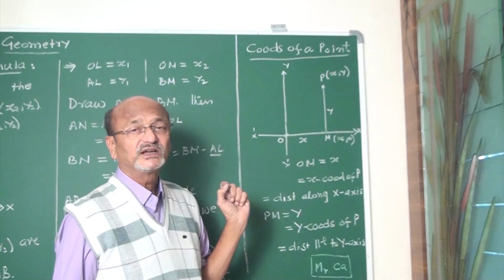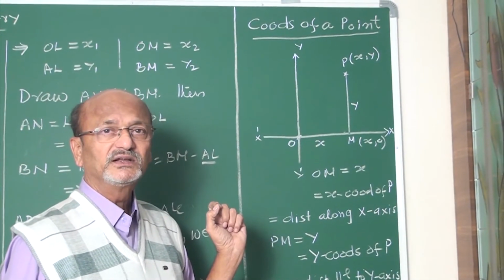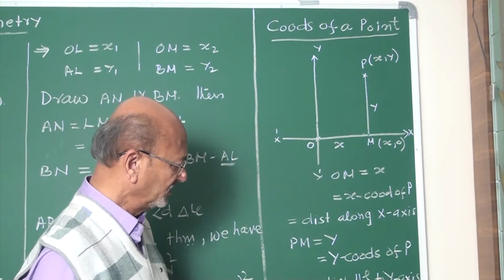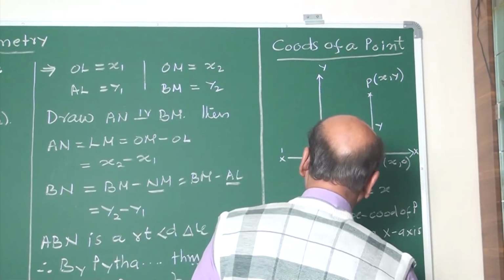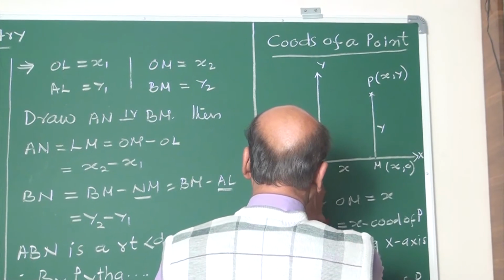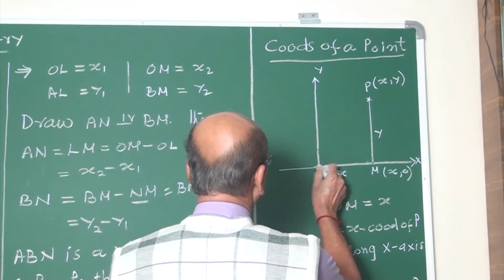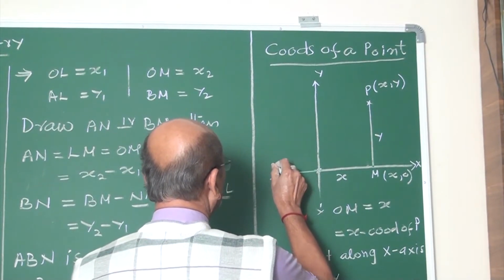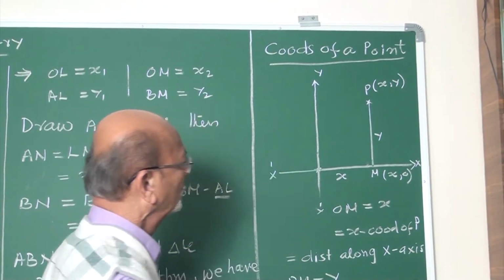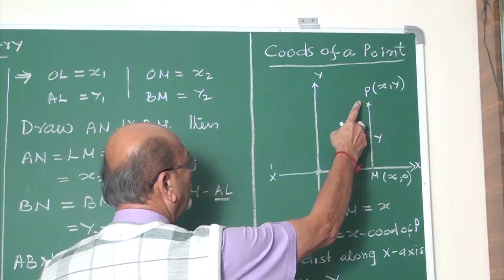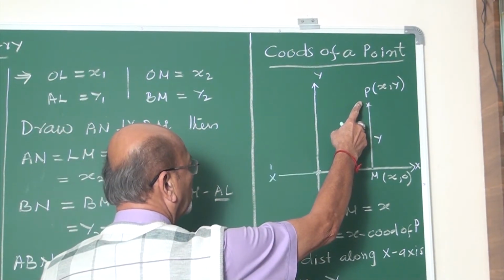The xy plane is a plane that contains the x-axis and y-axis with their point of intersection. Let P be a point in the xy plane.